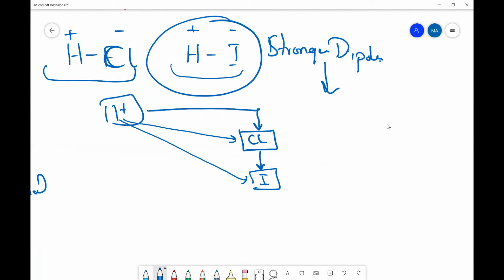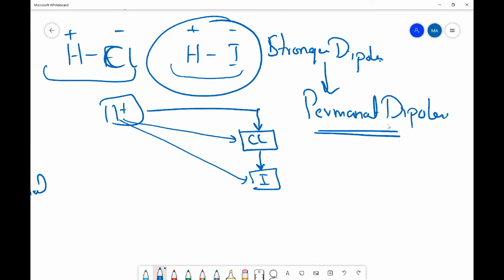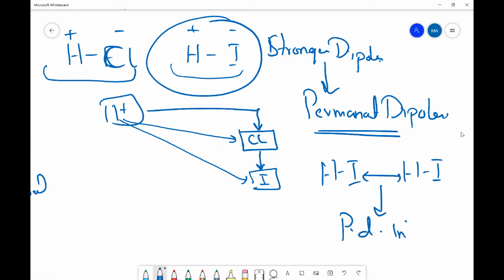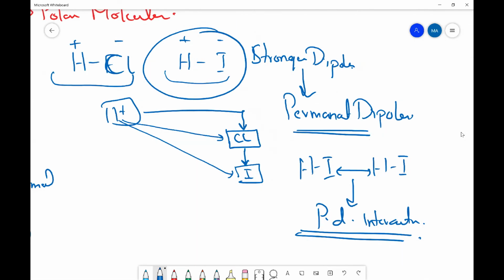Do you understand that? Yes. So whenever there are permanent dipoles, if one HI molecule attracts another HI, the force between them will be permanent dipole interaction. But the first step over here is to figure out whether your compound has permanent dipoles or not.